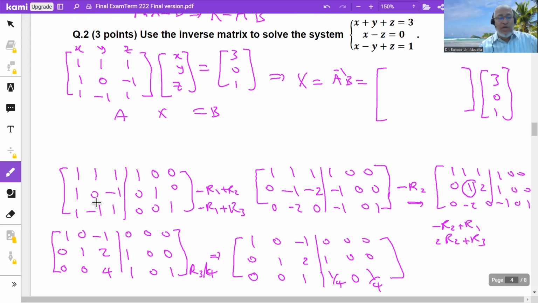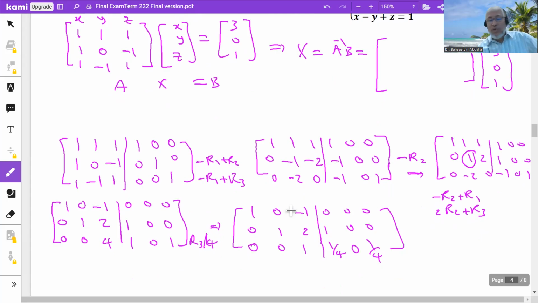I'll go back to check again quickly, 1, 1, 1. Okay, here, negative R1 plus R2, negative 1, negative 1, negative 1. This is my problem, okay? Negative R1 plus R3, negative 1 plus minus 1, that's negative 2, good. And then this is 1, okay, and this is 2 minus 2, it would be 0.